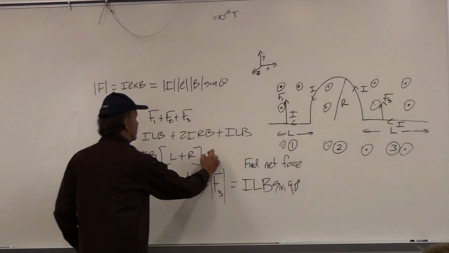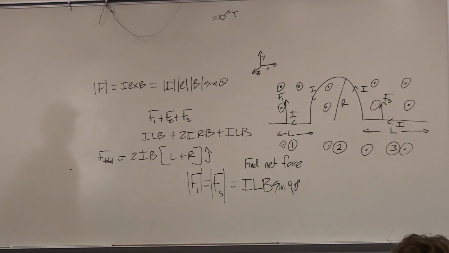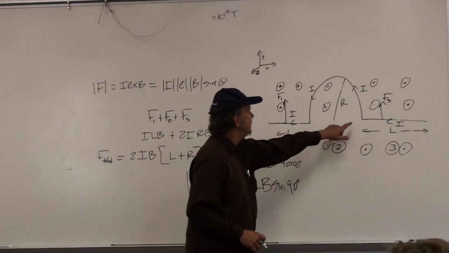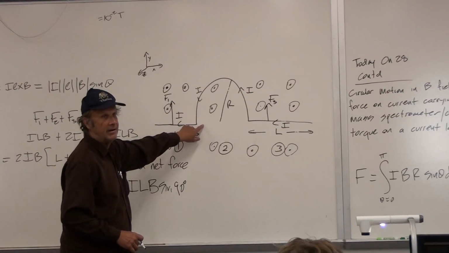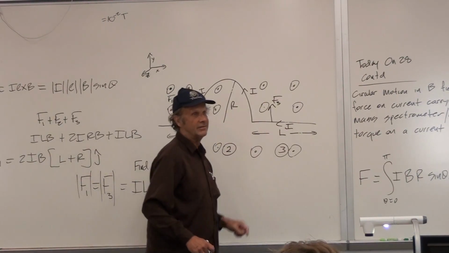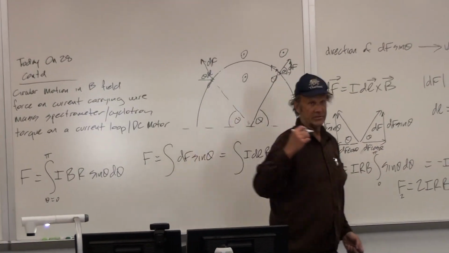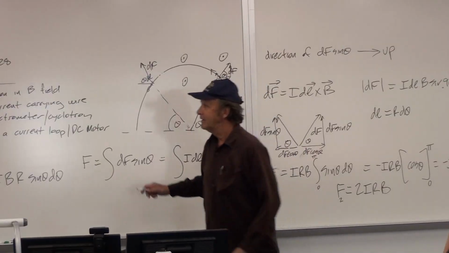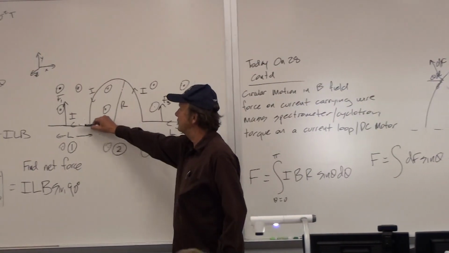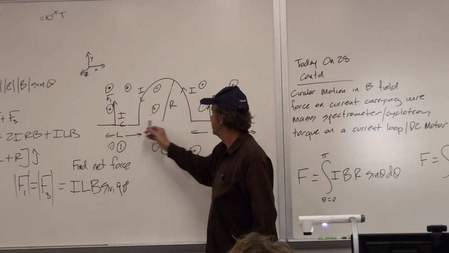And this would be times some unit vector that points in the positive y direction, or what we could call the j hat direction. And notice here that this distance is 2R. And this distance here is 2L. So what this is really equivalent to is just evaluating the force on a straight wire segment that has a length here that's 2R and a length here that's 2L.